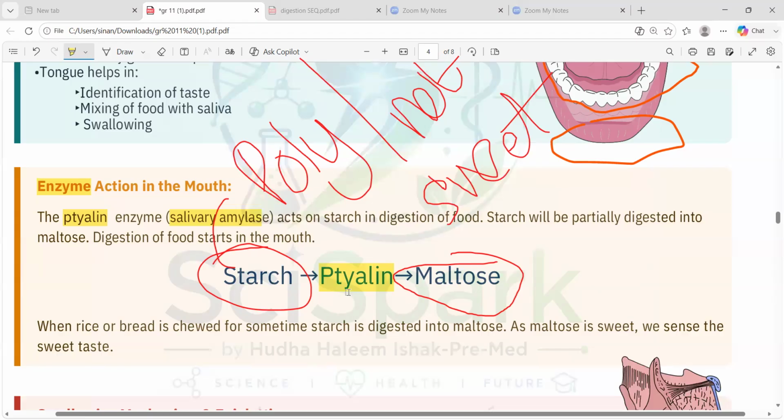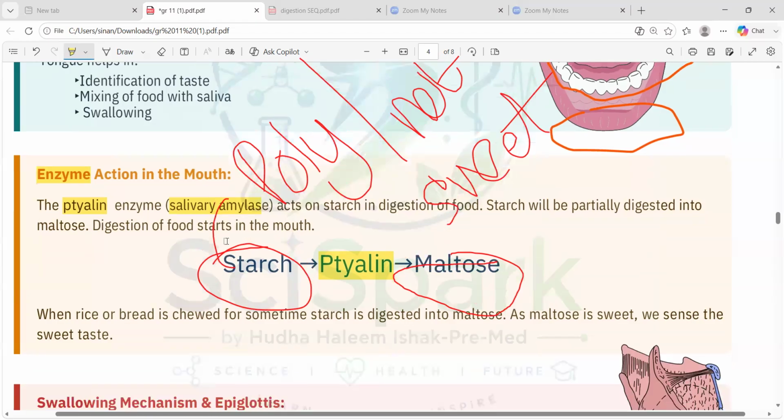That's the reason why we experience this sweet taste. The main reason to sense this sweet taste is the conversion of starch into maltose. So the function of thiolin, the salivary enzyme, is converting the starch into maltose.